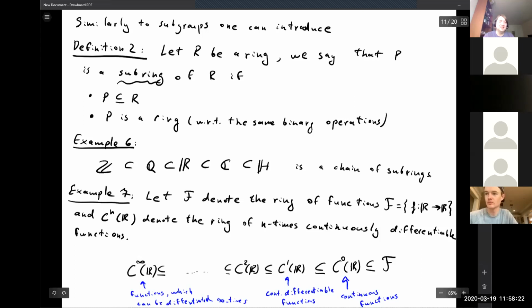And inside that sits one example we already considered. Those are polynomials. So all polynomials are infinitely many times differentiable, right? Because the derivative of a polynomial, starting from some moment, is just 0. So this is a chain of subrings.